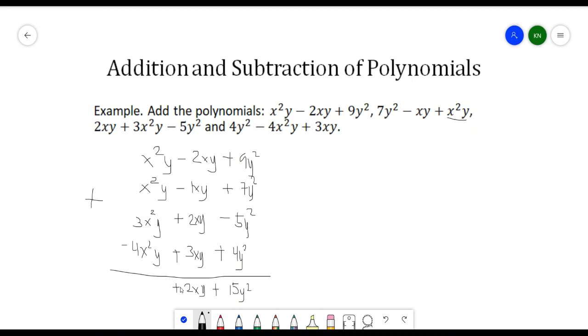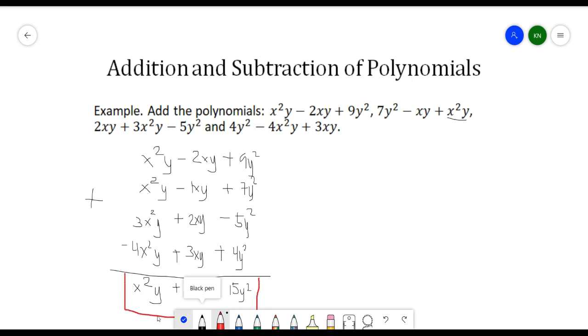Then for the last one, we have x squared y plus x squared y, so we have 2x squared y, plus 3x squared y, so we have 5x squared y, plus negative 4x squared y, so we have 1x squared y. So this is now our final answer.